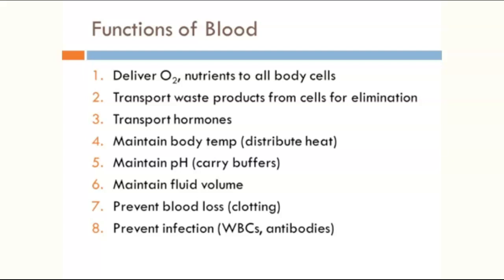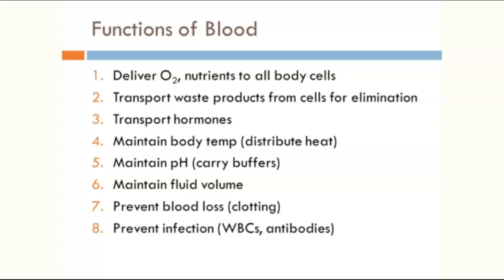That oxygen travels straight into the bloodstream, back to the heart, and then gets pumped to the rest of the body to deliver that oxygen to the cells. As it's delivering the oxygen to the cells of the body, it's also picking up carbon dioxide that the cells have produced as waste, carrying it back to the lungs in order for us to exhale and eliminate that waste from the body.